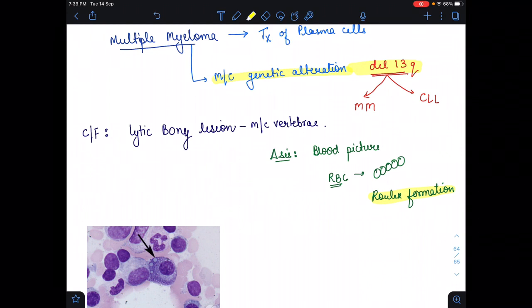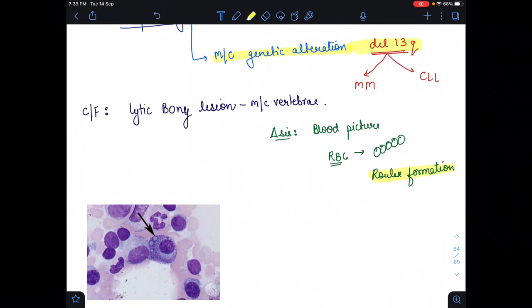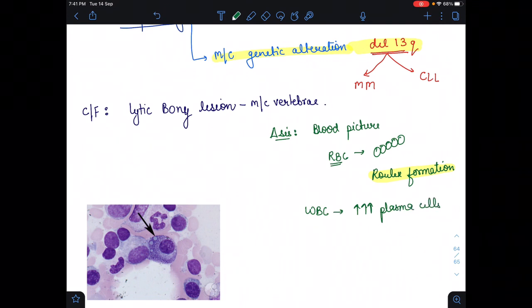Now in the white blood cells, RBCs have the Rouleaux formation. For the white blood cells, we see an increase in plasma cells, and we see Russell bodies. We also see Dutcher bodies.